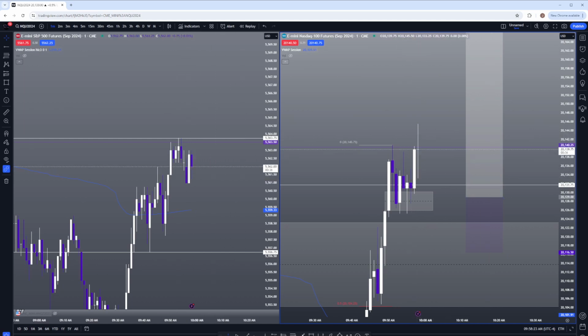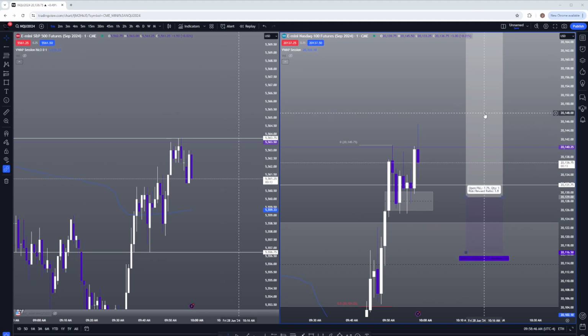Yeah, we do have a red folder event coming out in a minute, so be aware of that, guys. Not red folder. We have orange folder. We have an orange folder coming out. Consumer sentiment. And then a yellow folder coming out as well. So we'll probably see a little bit of volatility here.